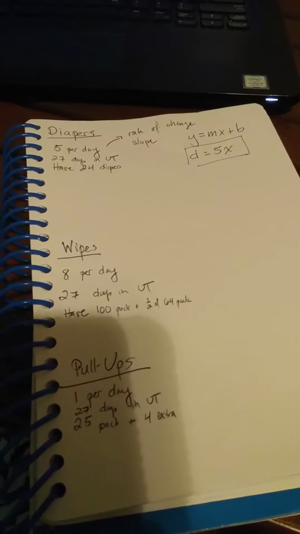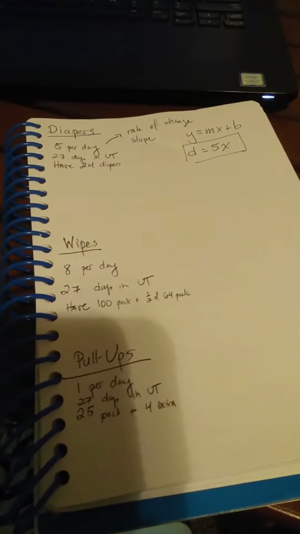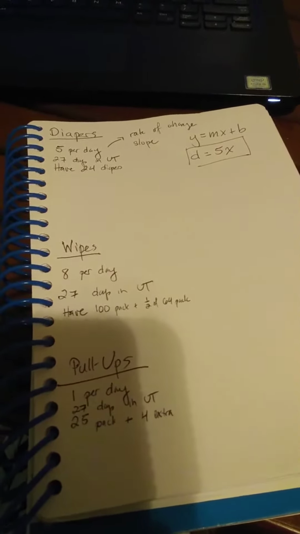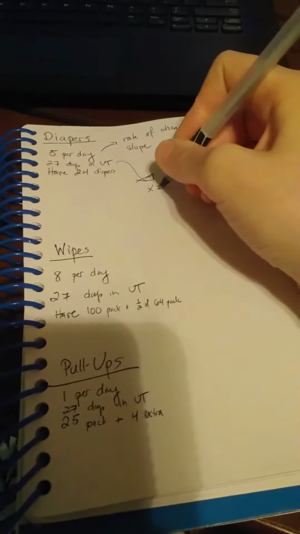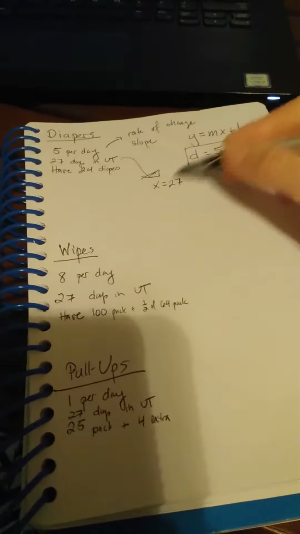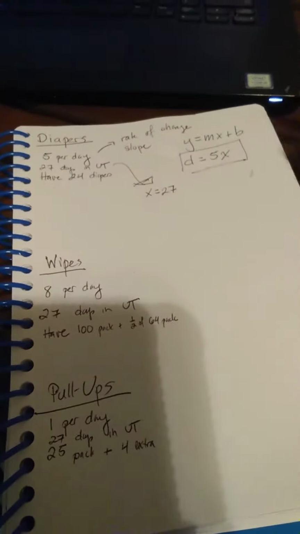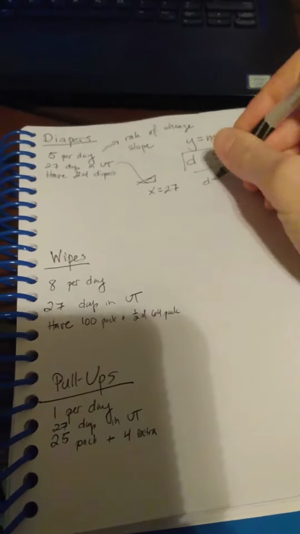Now we say we need them for 27 days. If we remember back to the problem, and if you look in the description, I said x is the number of days. So this tells us that x equals 27. So I can go back to my function, and if you're more comfortable just doing this in your head, go 5 times 27. That's essentially what our function tells us.